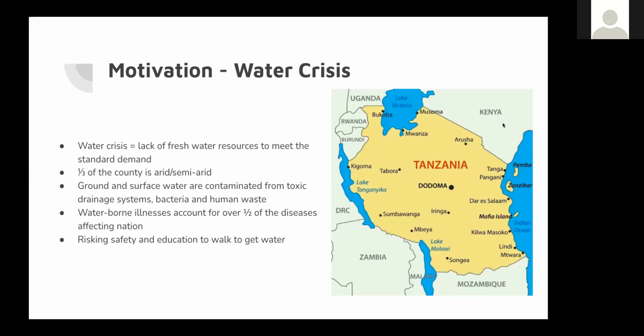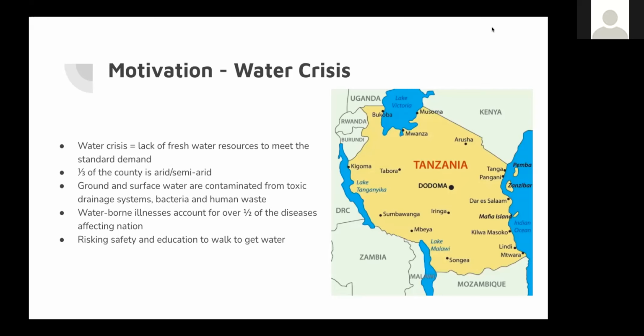Around a third of the country is arid to semi-arid, meaning that it has little to no rainfall. And unless you're surrounded or near one of these 3 lakes, you have to rely on groundwater and surface water, which is easily contaminated from bad drainage systems, bacteria, and human waste.